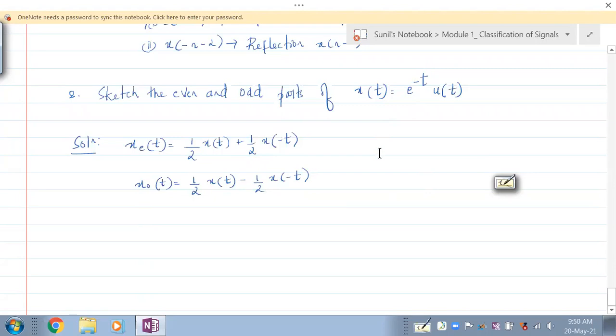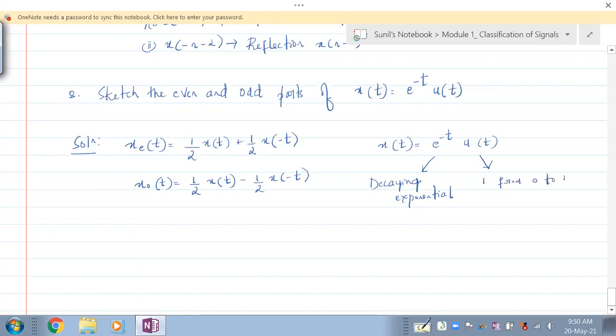Now, before going on, let's understand this x of t as we did in the previous case. x of t is e power minus t into u of t. So this is a decaying exponential, and it ranges from 0 to infinity, where it is 1 from 0.